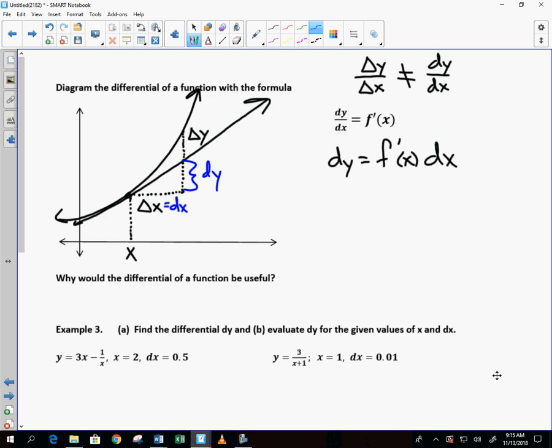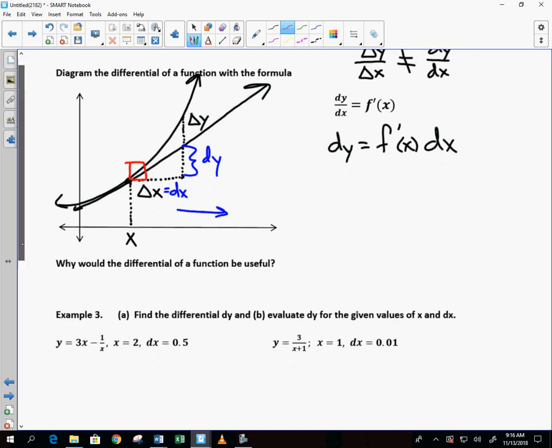Okay? Now, you can see that in this situation, which is greater, delta y or dy? Delta y. And as we move further to the right, would you agree that delta y and dy get farther and farther apart? However, if we were to look at delta y and dy within a smaller proximity, they would be a lot closer to each other, wouldn't they?